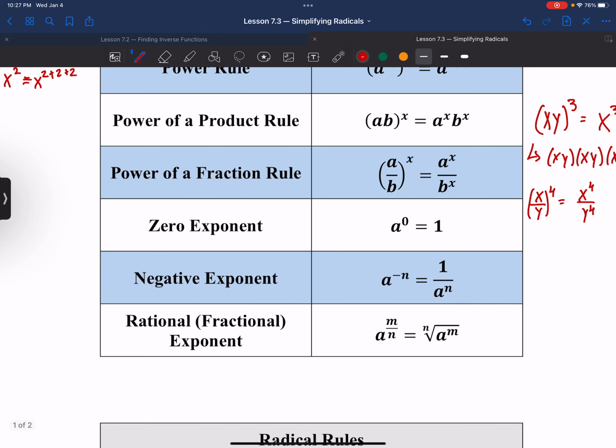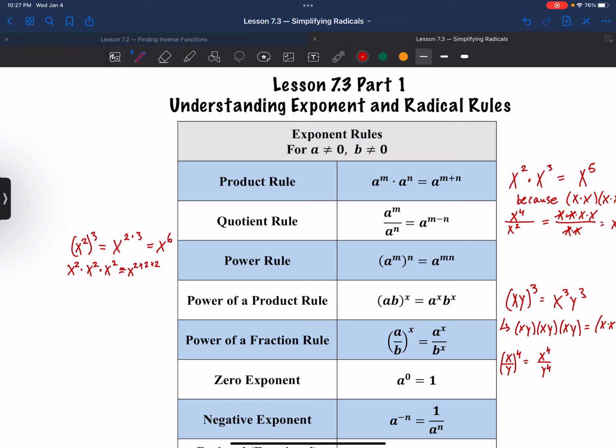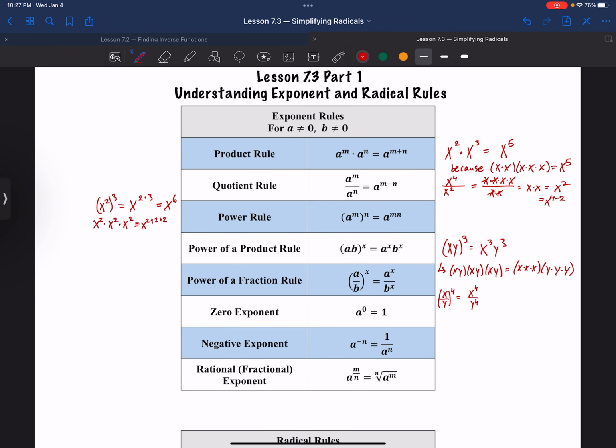Okay, now here are the maybe 3 new rules you may or may not know. I expect most of you to know all that stuff already, so I'm going to bracket this.